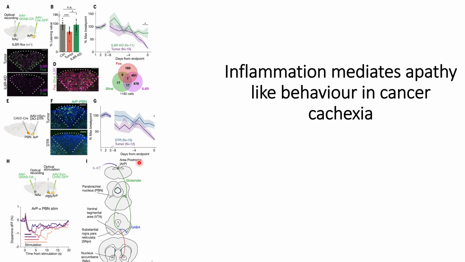The complete pathway that they are able to find is shown in panel I, where we can see that when the interleukin 6 level goes up, the ARP gets triggered and forms glutamate that interacts with the PBN, which gets activated, and the GABA receptors get activated.